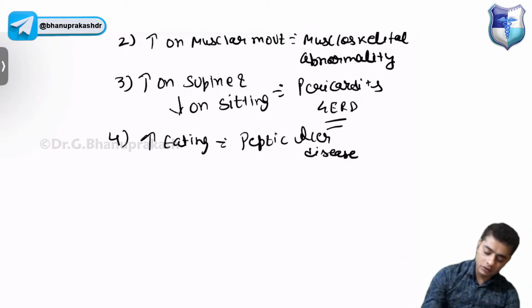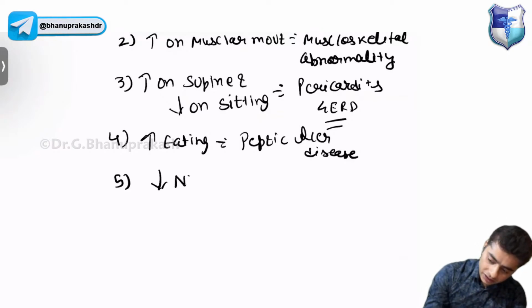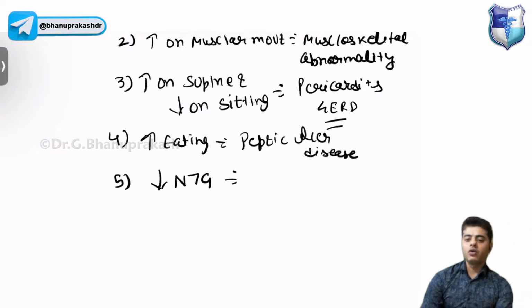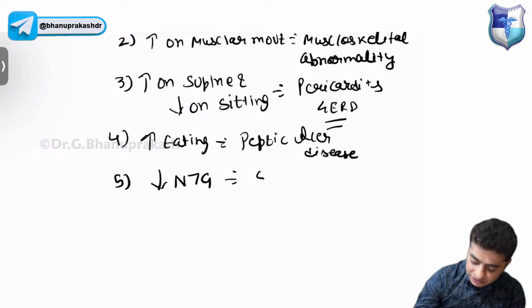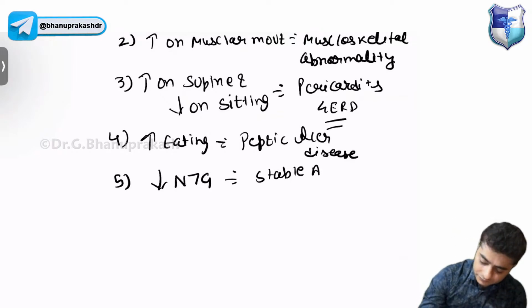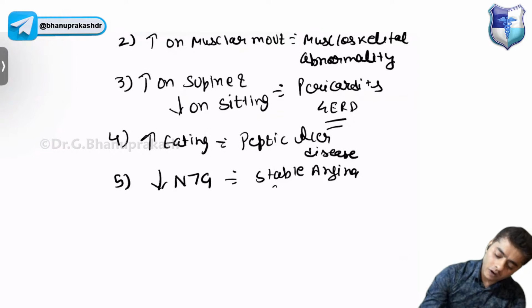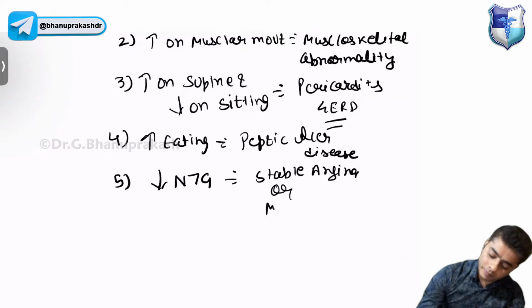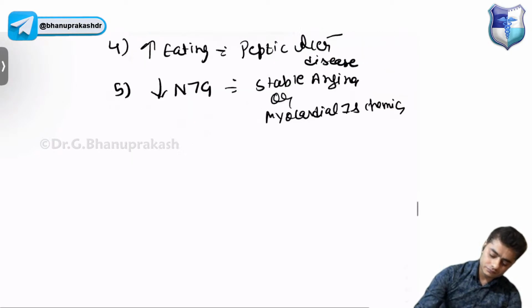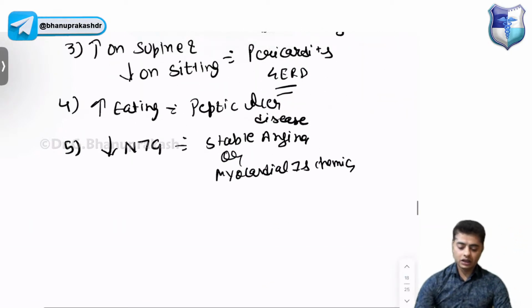Okay. Now, this is a pain which decreases on giving NTG. What is this? This is your stable angina or myocardial ischemia. Okay.